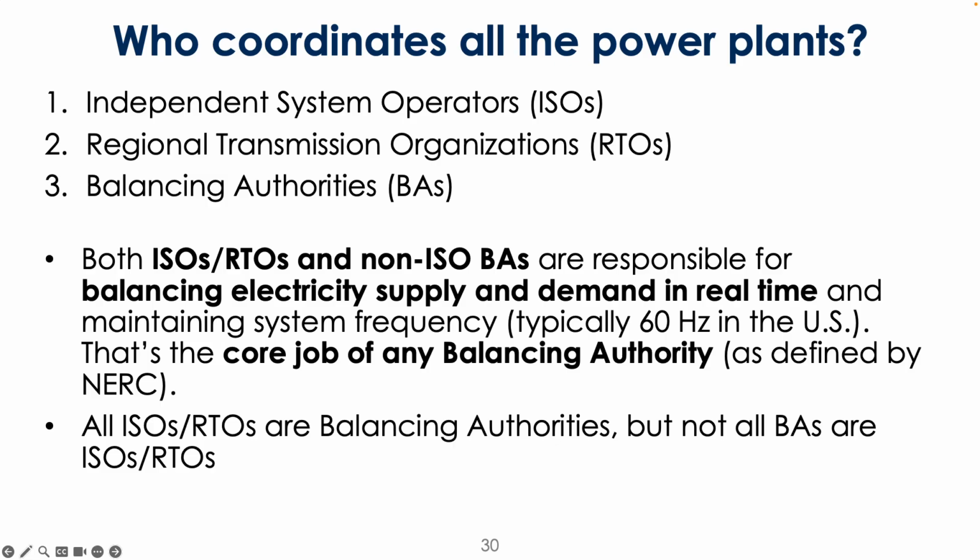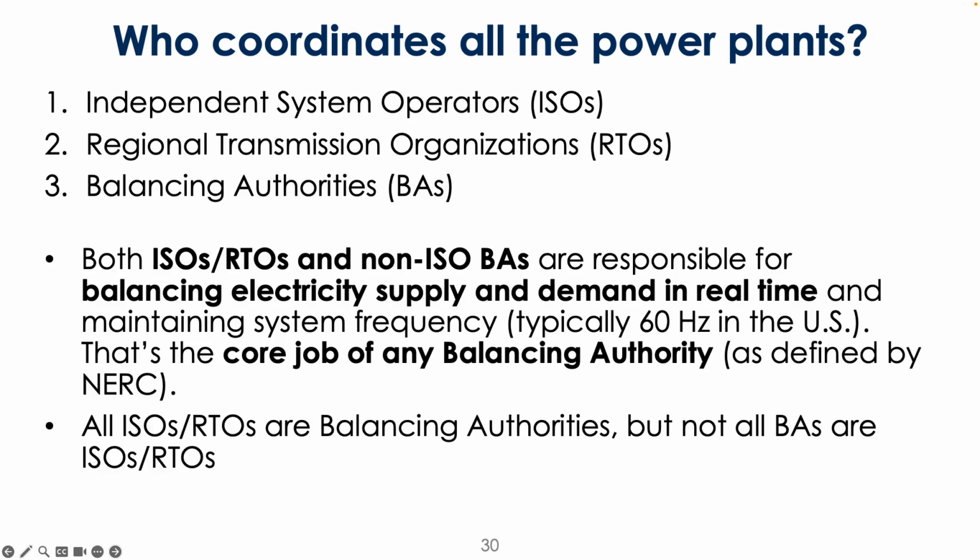Independent system operator, a regional transmission organization, also known as an RTO. These are fairly similar. We'll talk about some of the nuances between them in a moment. And then you've got your balancing authorities, or BAs. Balancing authority is more of a catch-all term that actually includes ISOs and RTOs, but you also have non-ISO BAs.